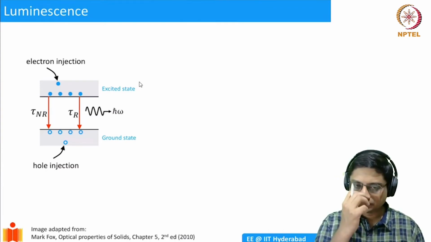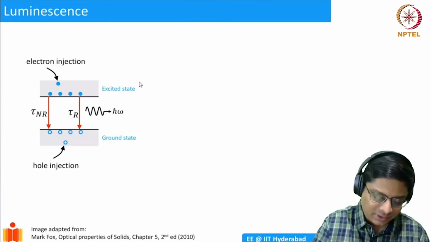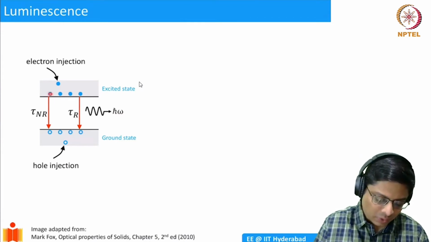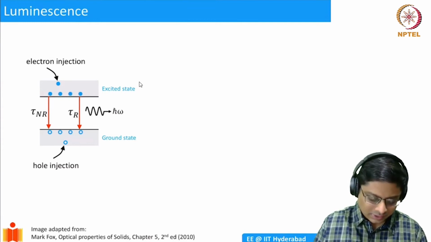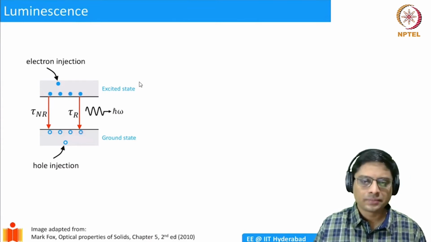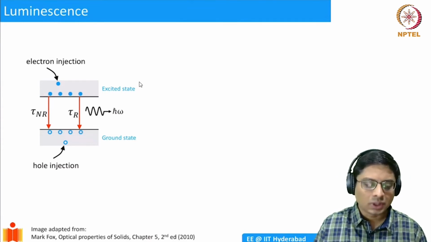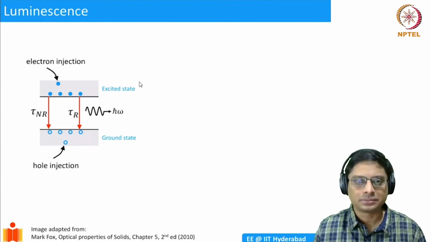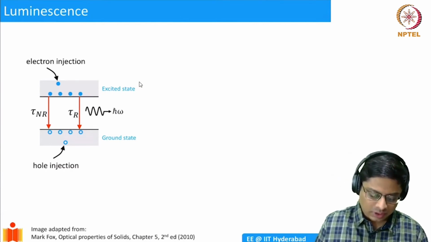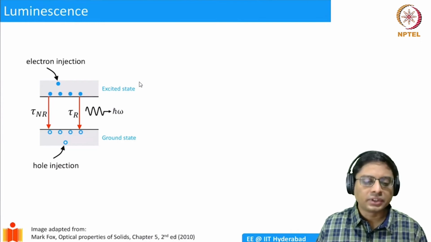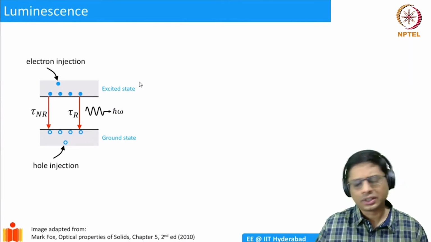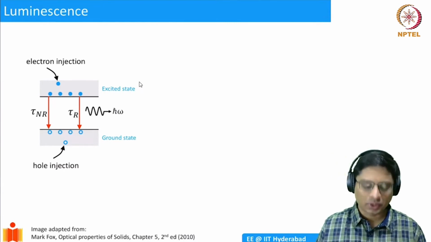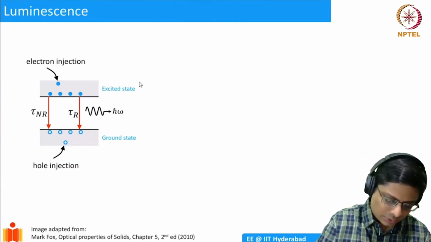For example, let's consider a scenario wherein you have 4 electrons at the edge of the conduction band, and 4 holes at the edge of the valence band. What will be the frequency that is emitted? If I ask you to draw the spectrum, the spectral intensity of the emission process, for example, I want you to draw it.